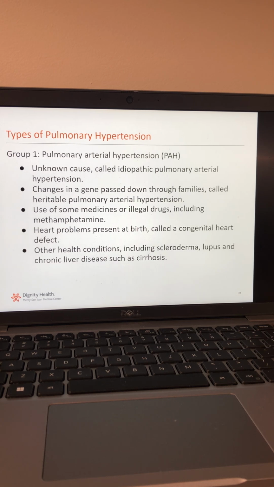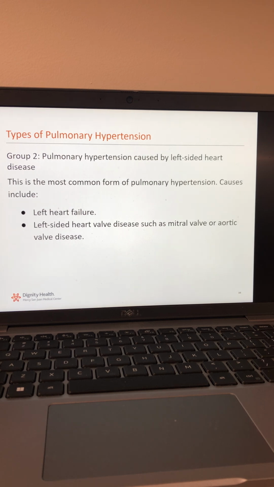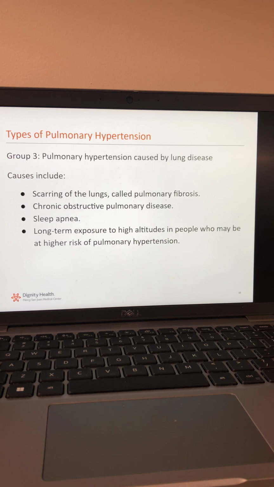There are quite a few types of pulmonary hypertension. Group 1 is idiopathic. They don't know what has caused it. Group 2 is caused by left-sided heart failure. Group 3 can be caused by lung disease, scarring of the lungs, chronic obstructive pulmonary disease.